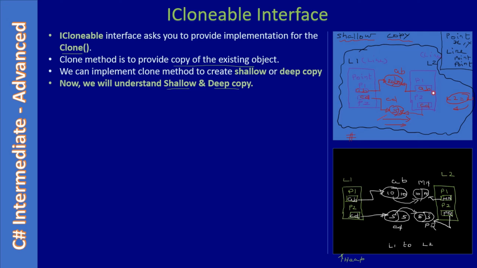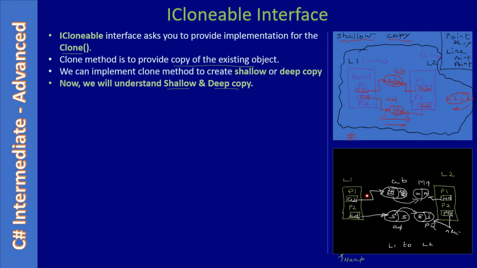If it is AB, that AB is copied to P1, thereby ending up pointing to the same location. Since in deep copy we actually create a new point and then copy the content of L1's point to L2's point, if the user changes point 1's content from 10 to 20, it is not reflected on L2. Why? Because it is pointing at a different heap location.